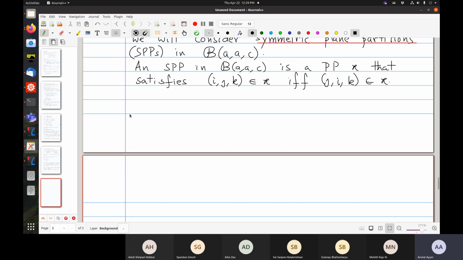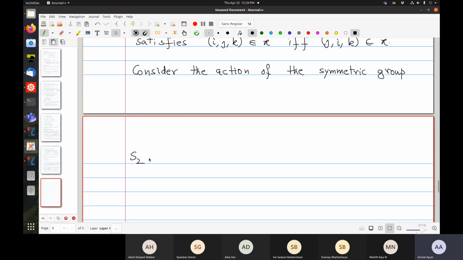So consider the action of the symmetric group S2 on the first two coordinates of pi, pi an SPP.